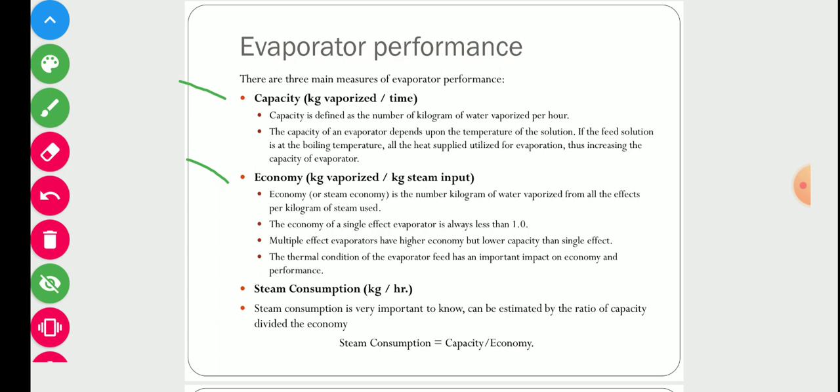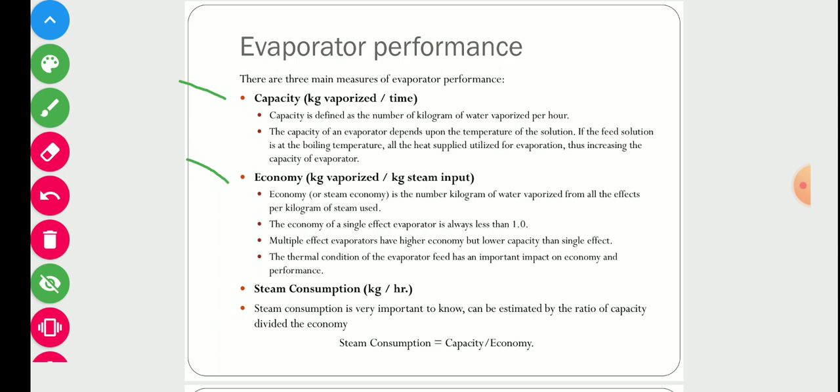But in a multiple effect evaporator, there are multiple evaporator units and material has to pass through multiple units, and at the end we get concentrated solution. The economy of a single effect evaporator is always less than 1. But multiple effect evaporators have higher economy but lower capacity than a single effect evaporator.